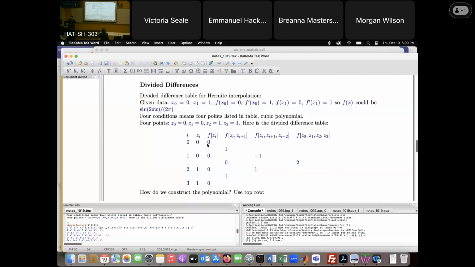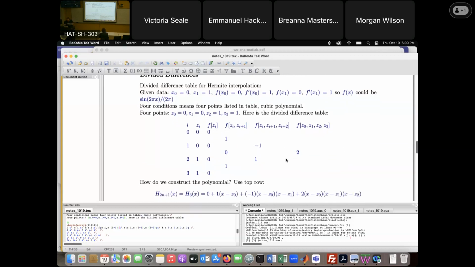Now we look at the top row of coefficients. The divided differences are 0, 1, minus 1, and 2. Our constant term is 0. And then we have our next coefficient 1 times x minus z naught. Then plus minus 1 times x minus z naught times x minus z1. And then our last divided difference 2 times x minus z naught, x minus z1 times x minus z2.